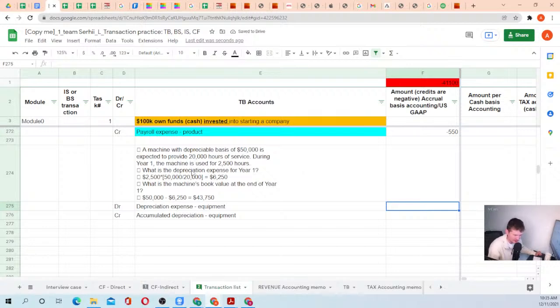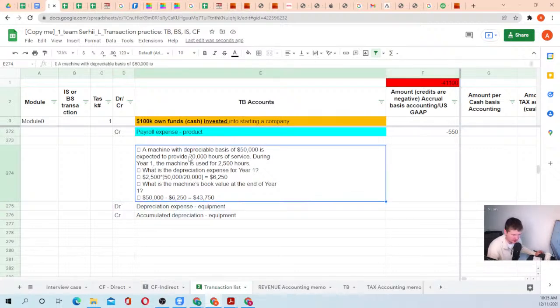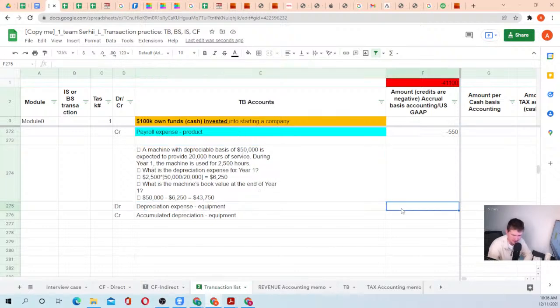We have all the calculations here. So first of all, I skip one transaction here, which is the acquisition of this 50,000 stuff. So I just record depreciation, then later we may record the acquisition of the item, or we can do it right now.